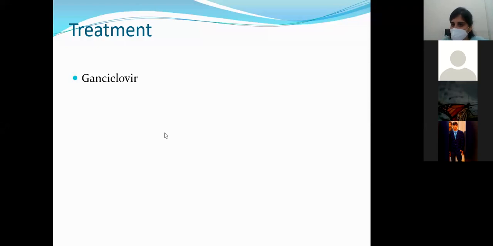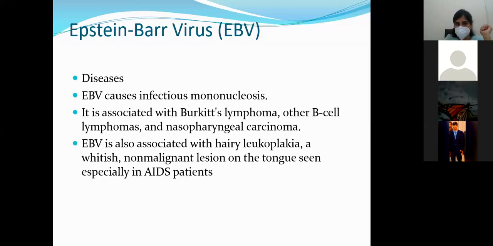Replication cycle is the same for all the herpes viruses, and we discussed the replicative cycle in detail in my previous lectures. Epstein-Barr virus. Epstein-Barr virus causes infectious mononucleosis, and infectious mononucleosis will present with generalized lymphadenopathy.